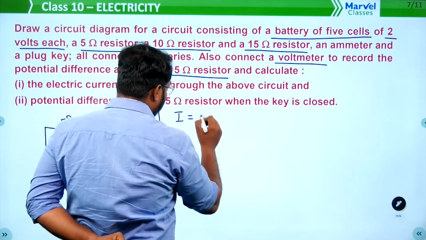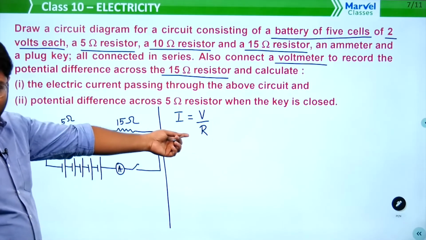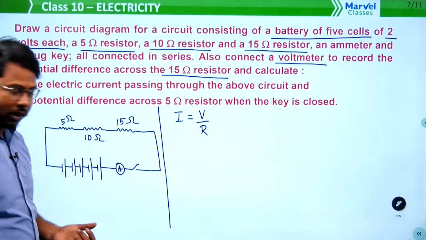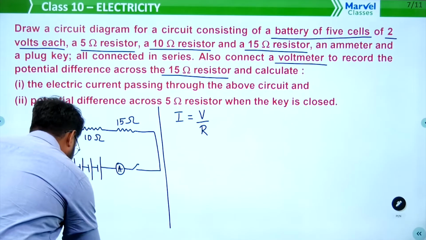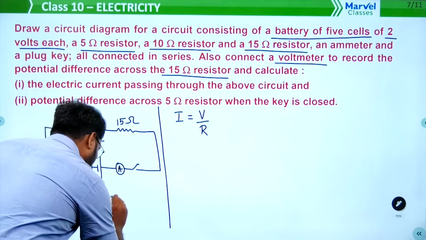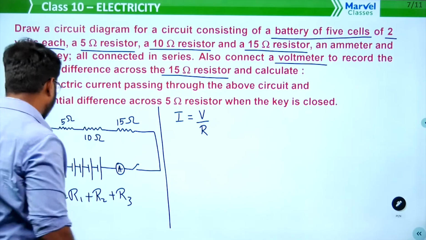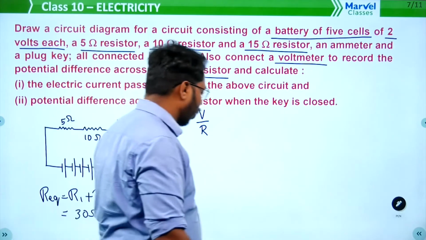I is equal to V by R. But here we do not have a single resistance, we have 3 resistors connected in series. So, the equivalent resistance in this case is R1 plus R2 plus R3, which is equal to 15 plus 10, 25 plus 5 is 30 ohms.